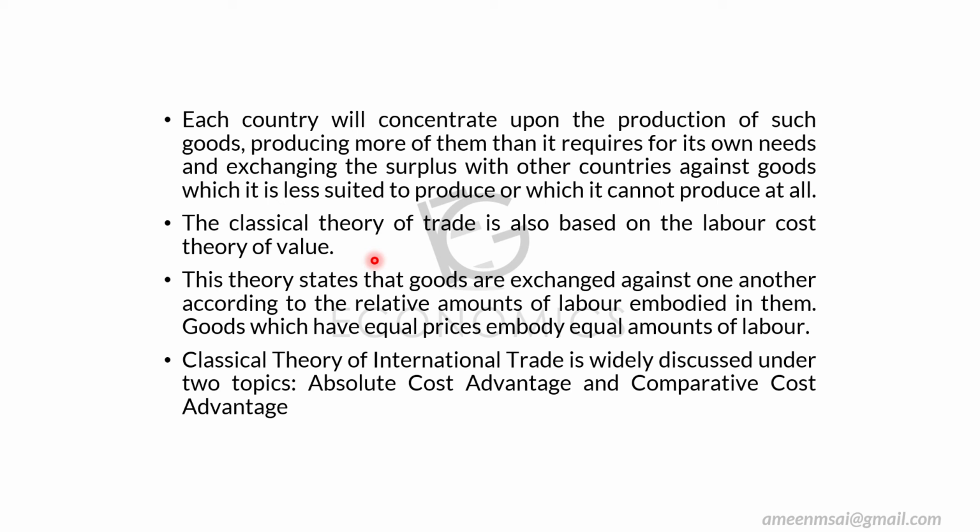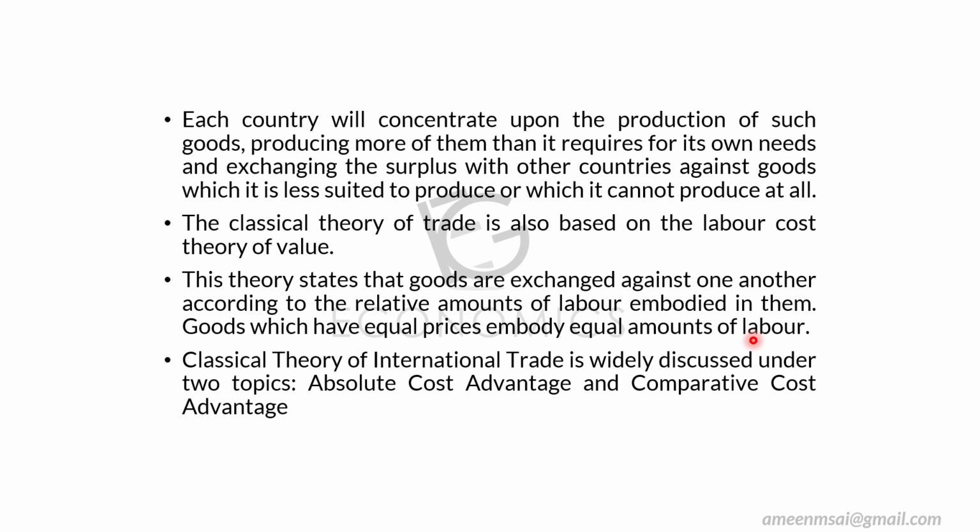This theory says that goods are exchanged against one another according to the relative amounts of labor embodied in them. Goods which have equal prices embody equal amounts of labor. The classical economists measure the price of a commodity based on the amount of labor invested in its production. So products with equal price should have equal amounts of labor embodied in them.